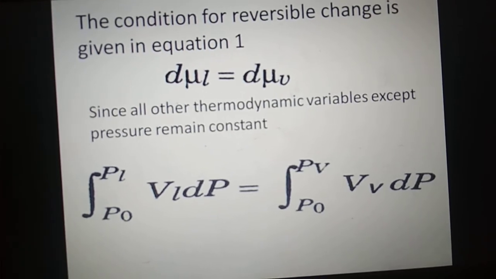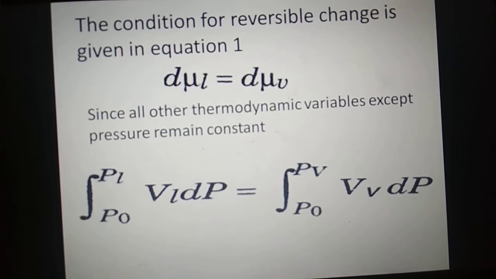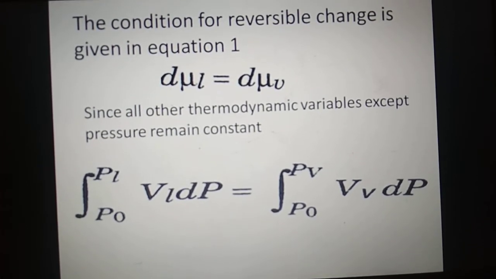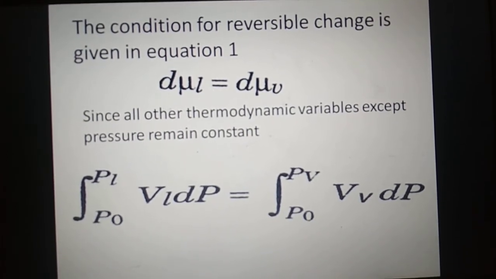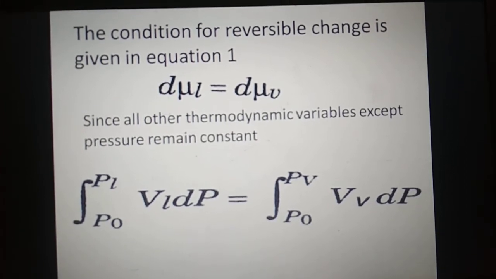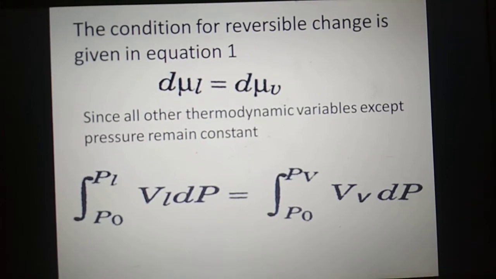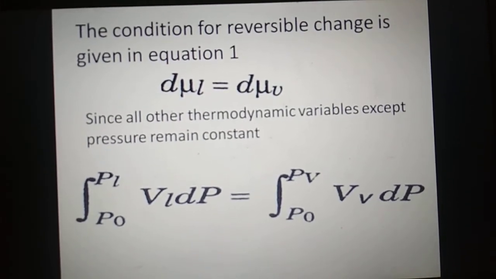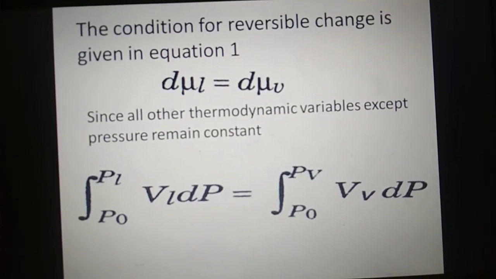Since all other thermodynamic variables except pressure remain constant during the changes, we get from equation 1: integration from P0 to PL of VL dP is equal to integration from P0 to PV of VV dP. This is equation number 2.